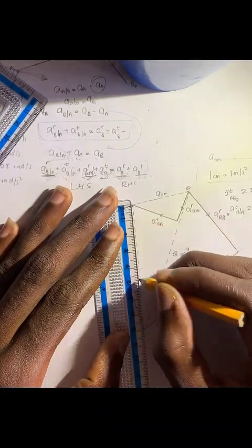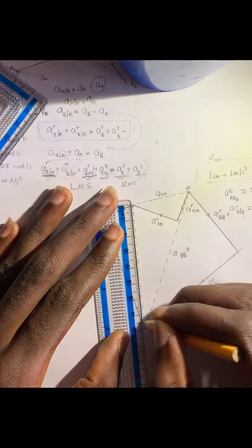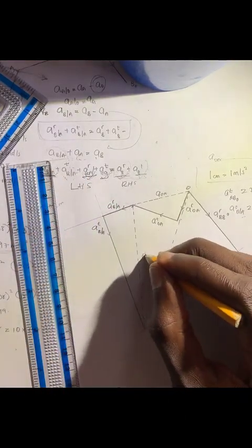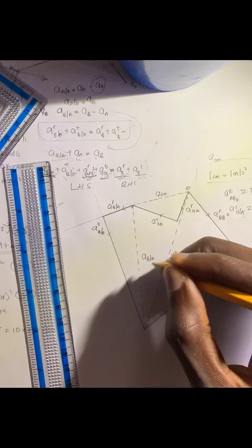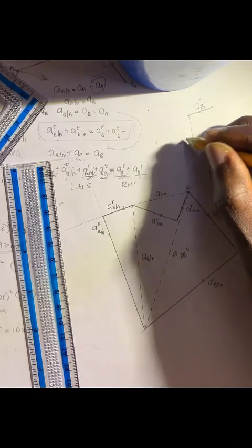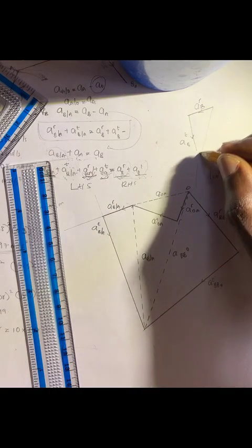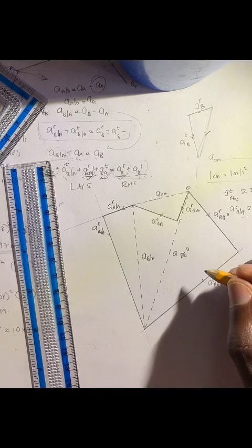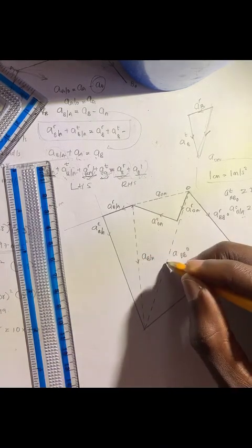Just trace it, same line. This is the acceleration of B relative to A, or AB. So it's like this. Let me show you. Let's say I have my A radial component here, and I finish my tangential here, A tangential of B, right? Now this is the resultant. So the resultant is going to go this way, right? That's the resultant. So you have to put your arrow too. Don't forget to duplicate your arrow.